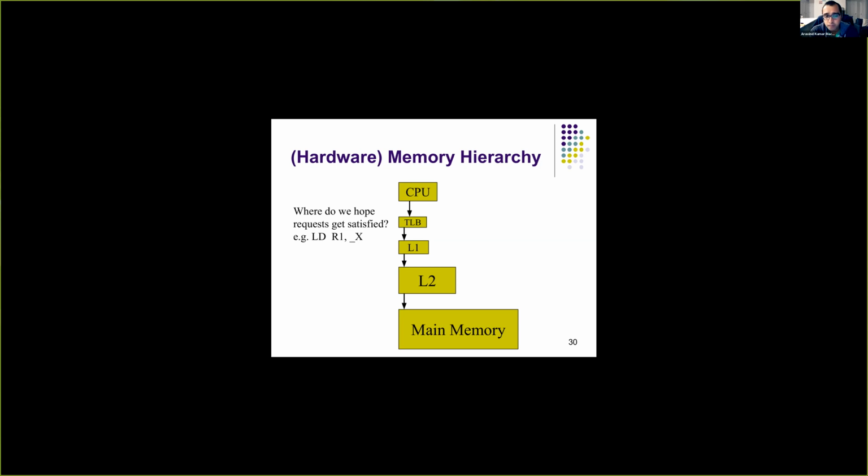Most of the times when we are executing instructions, we hope that all the memory accesses that we do are satisfied by the cache. So very few memory operations go to the main memory, because accessing main memory is way slower than accessing cache.